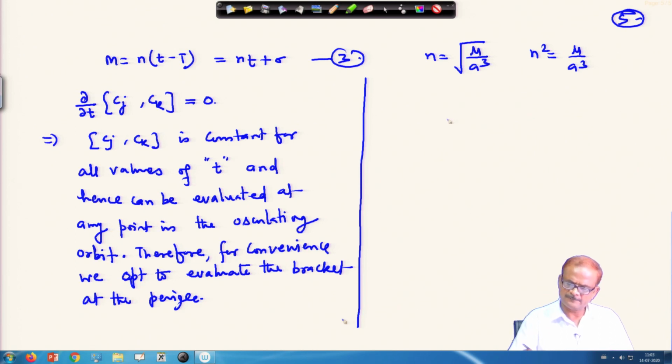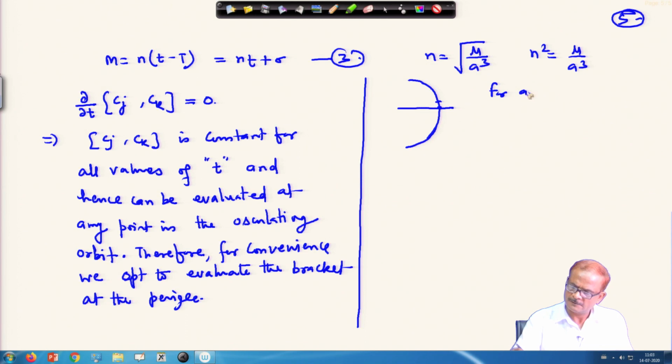So for this evaluation, about the perigee point, we consider an infinitesimal value of E, that is, for an infinitesimal value of E, we consider this.